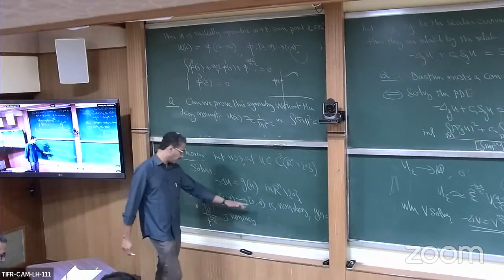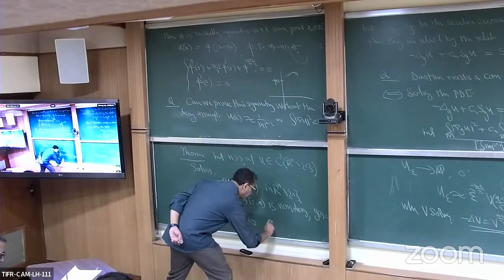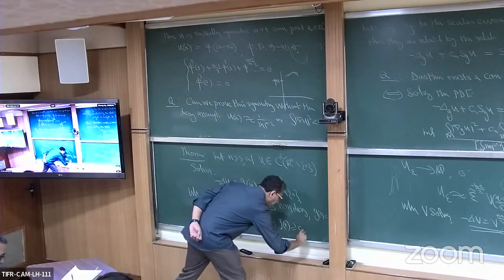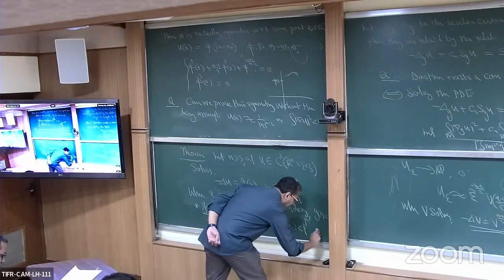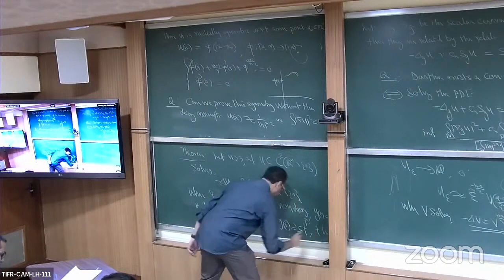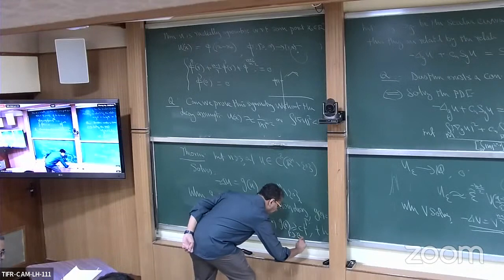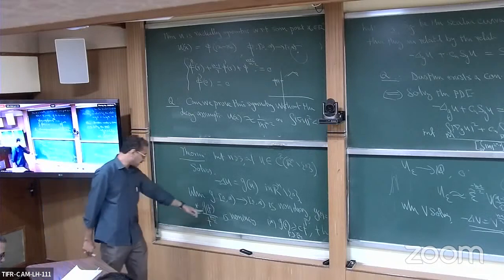So g is non-decreasing, this is non-increasing, and there's another assumption that g of t is bounded by some constant times t to the power p for all t large, for some p greater than or equal to n by n minus 2.